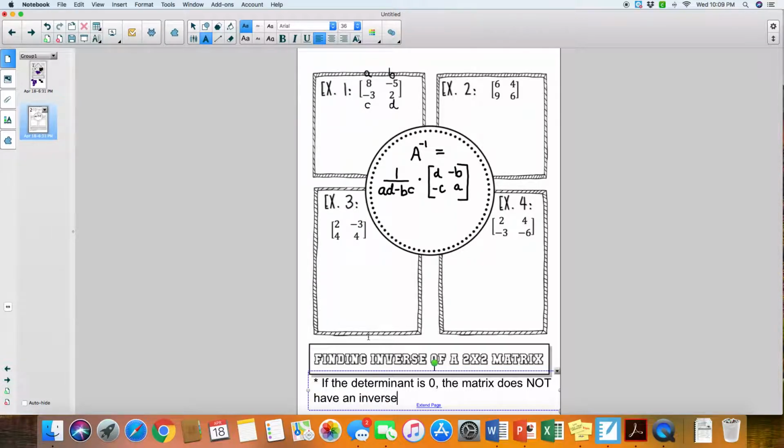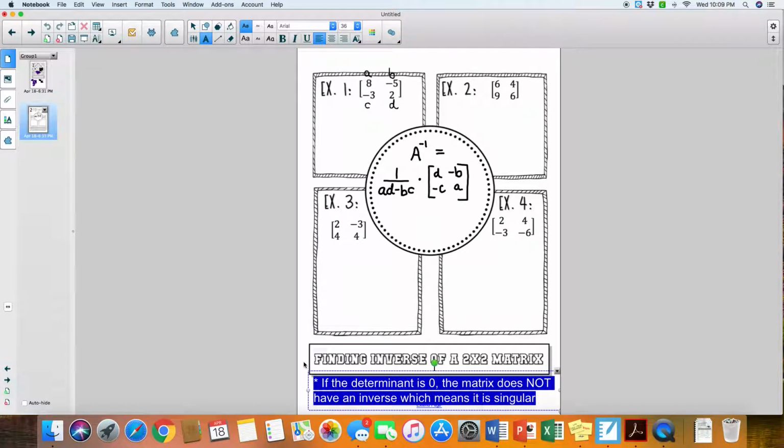And if it does not have an inverse, that means it is singular. So let's talk about why. Why is this the case?